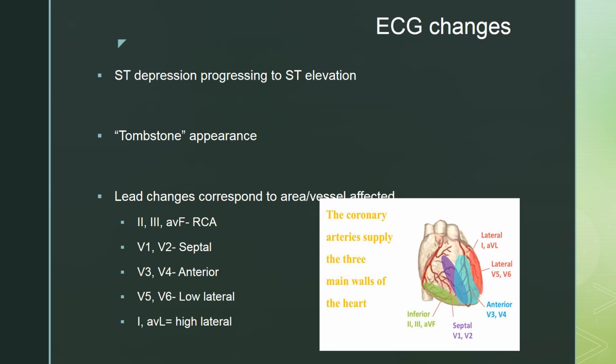V3 and V4 is the anterior, so when you're talking about the anterior, that's a lot of the ventricle, the left ventricle, to be exact. V5 and V6 is the lateral, and then I and aVL is the high lateral, up there.